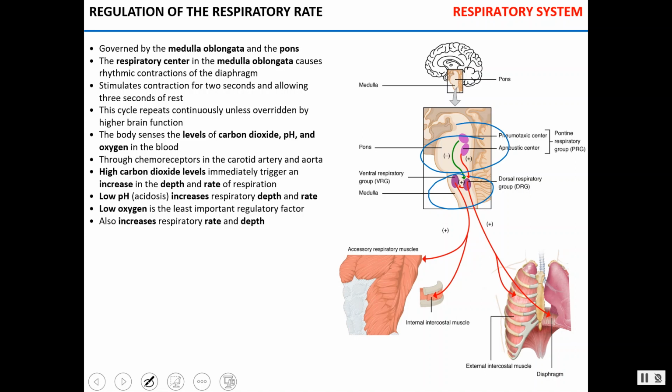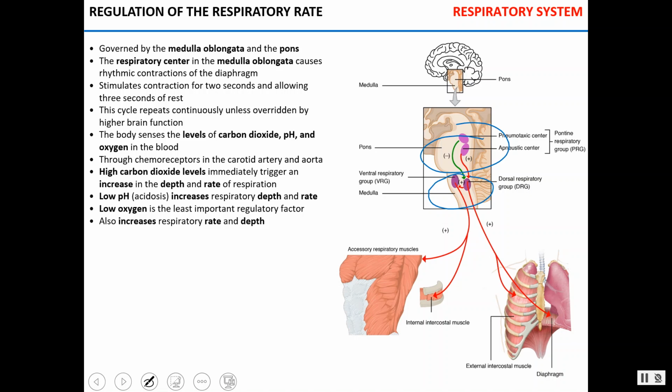You can override this normal respiratory rhythm by the brain. You can hold your breath, you can breathe faster, slower, and whatnot. Now, pons modifies these patterns as needed. For instance, when you speak or when you sing, pons will provide some modifications.